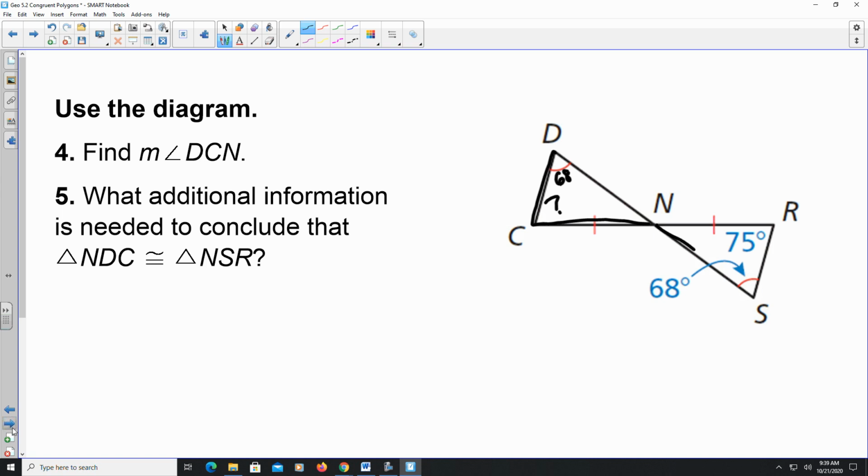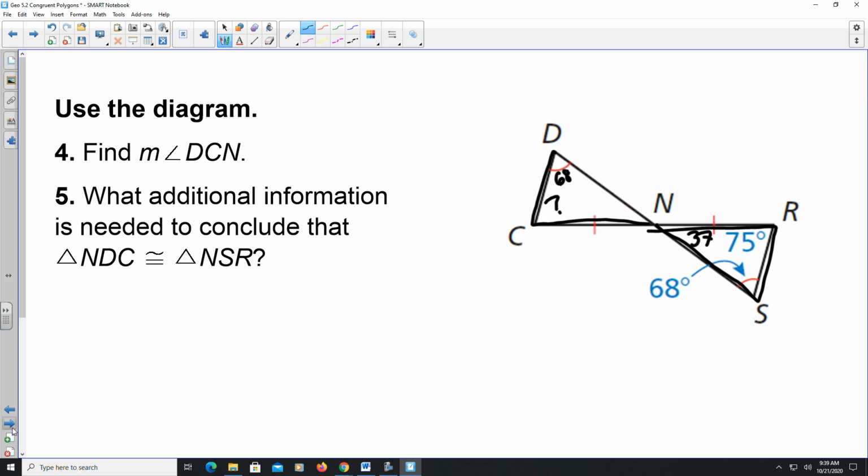If I look at this triangle right here, because of the triangle sum theorem, 180 minus 68 minus 75 is going to be 37.